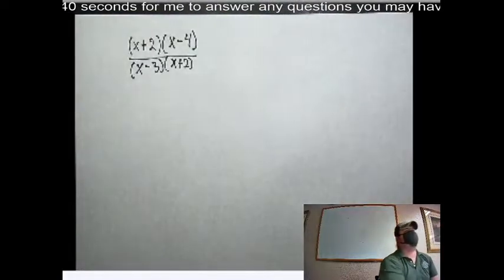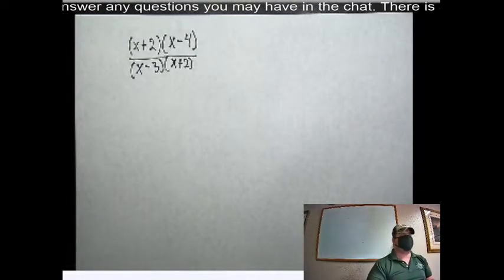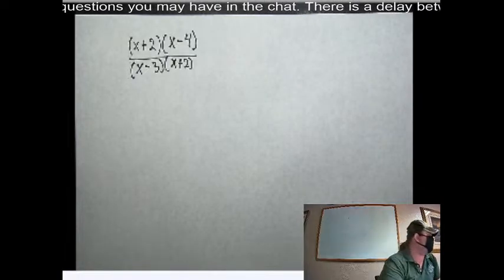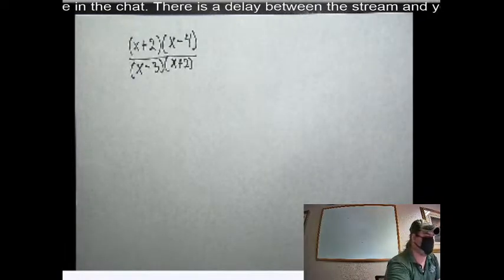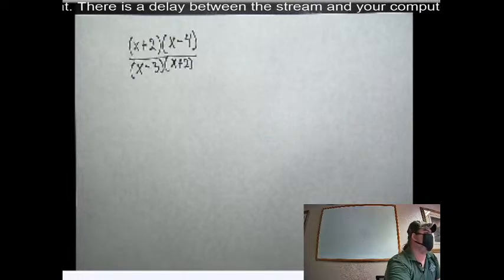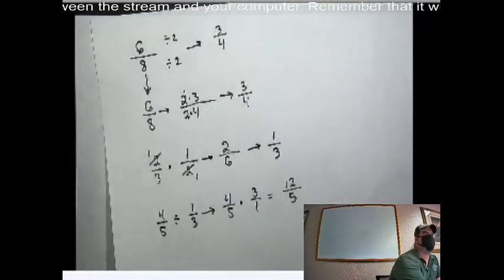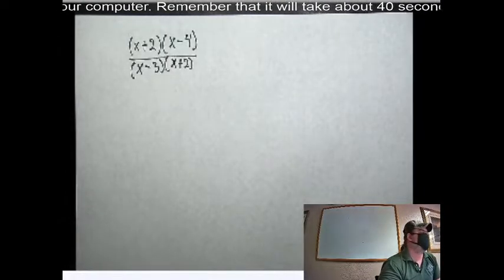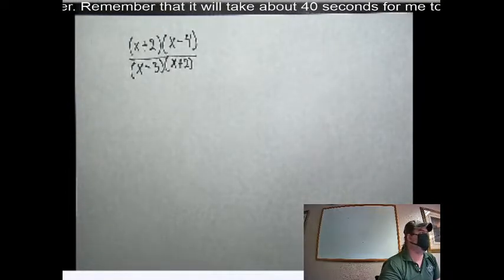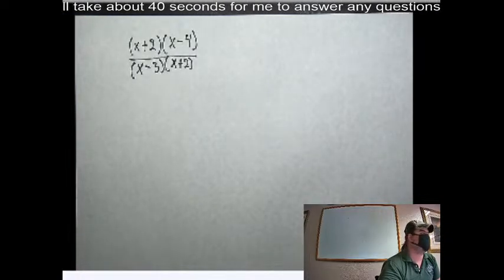Okay, so we'll have some different operations going on top and bottom. It's not just going to be a single value. But the ideas for fractions that we just went over still apply. So if we have anything common as a factor between the top and bottom, we can eliminate it.